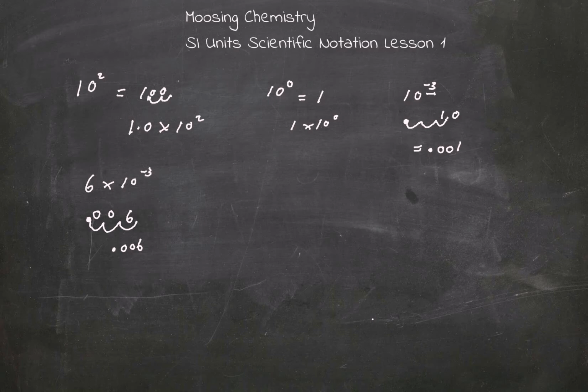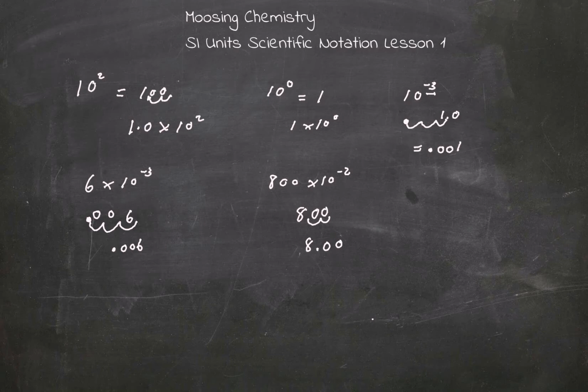What if you had something like, say, 800 times 10 to the -2? Well, you write down the number 800, and then you're going to move it 1, 2 spaces. So your answer is going to be 8.00 if you want to be technical about it.